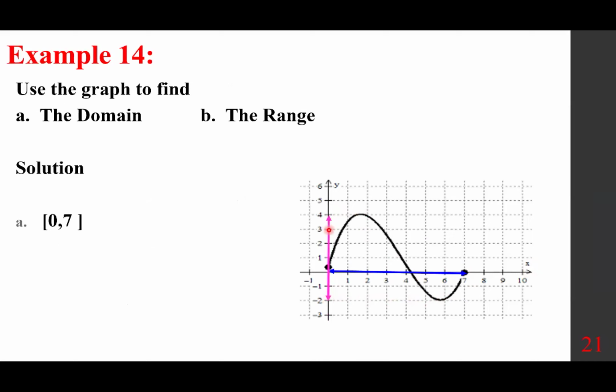So we go anywhere from here to there, which is -2 to 4 along the y-axis. Therefore, the range is the bracket -2, comma 4, close bracket. This is how you recognize the domain and range.